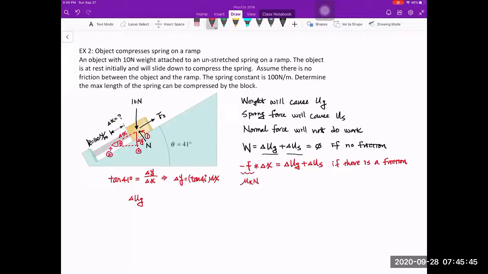This is the final position of the gravitational, and the other part is the final position for the spring. So if we make the final to be at the bottom and initial at the top, if we make this y equal to 0, the y at the two position will be negative change of y.